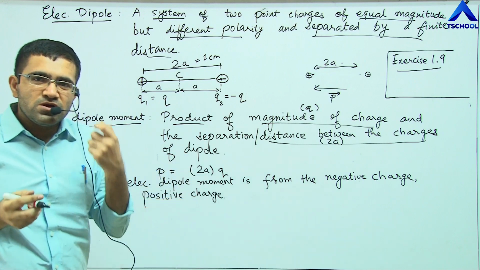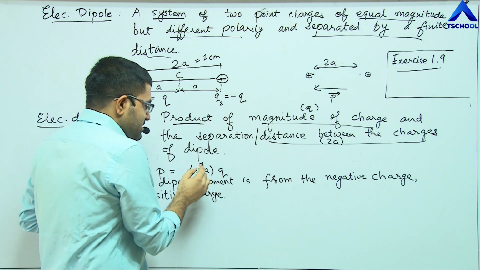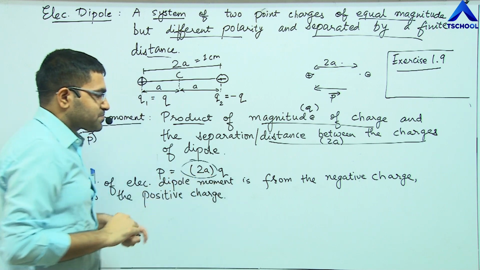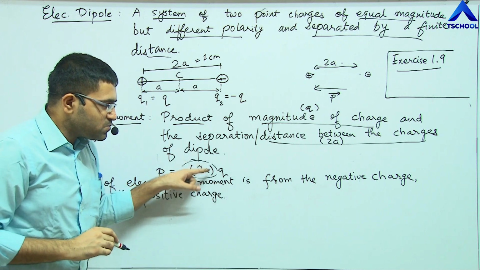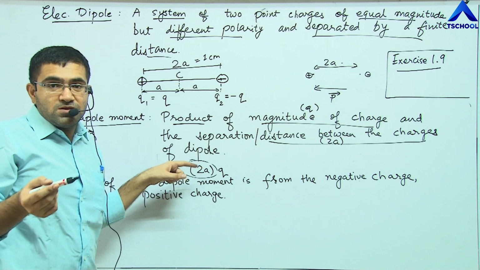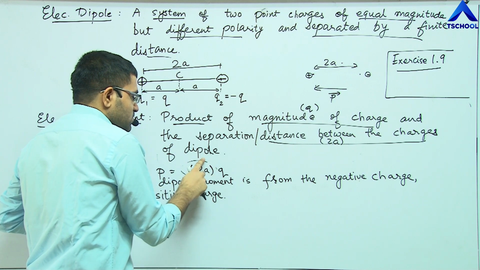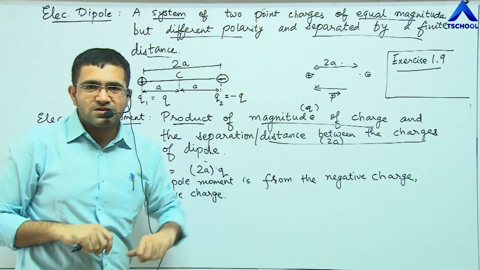I hope you have got what I'm saying. It's a very common mistake. So ultimately, when you try to find this whole bracket, 2a itself is 1 centimeter. Okay, so be careful about this idea, right? I thought I'd just warn you before you solve that question.